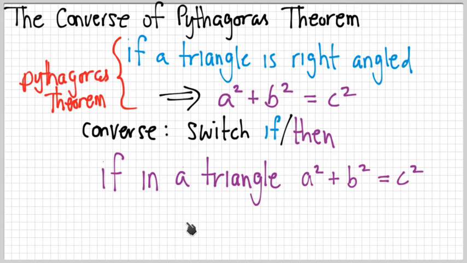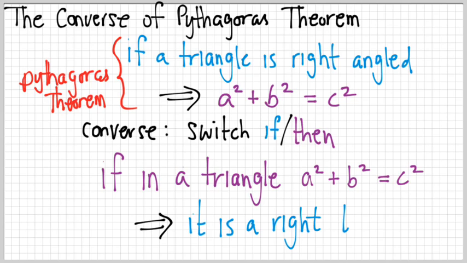So the converse of the Pythagorean theorem, instead of starting with if a triangle is right angled, starts with the a squared plus b squared equals c squared part. So it says if in a triangle the sides have this relationship, and again this is an abbreviated version, if the sum of the squares of the legs of a triangle, the short sides, are equal to the square of the longest side, then those are legs and a hypotenuse, and this triangle is a right triangle.